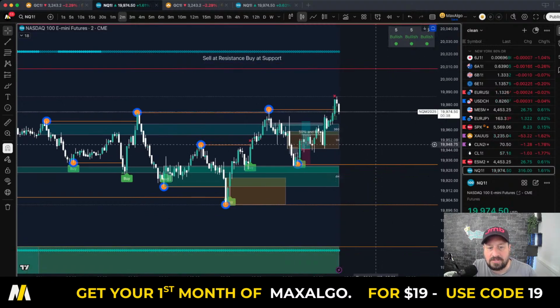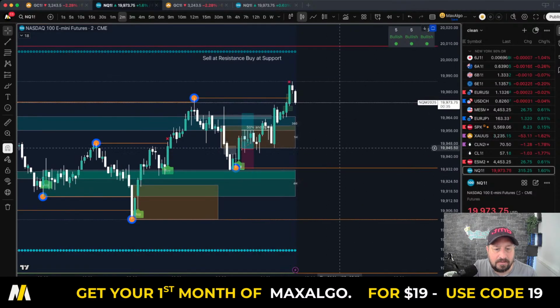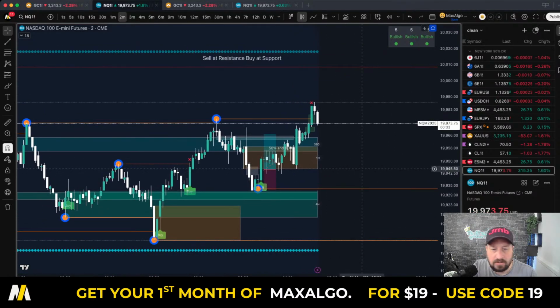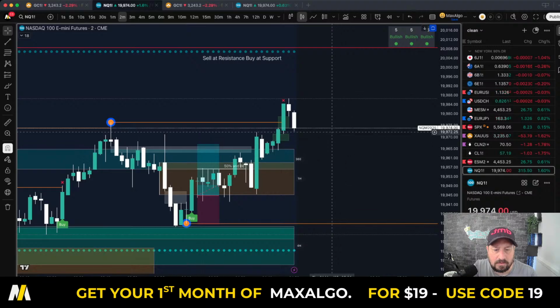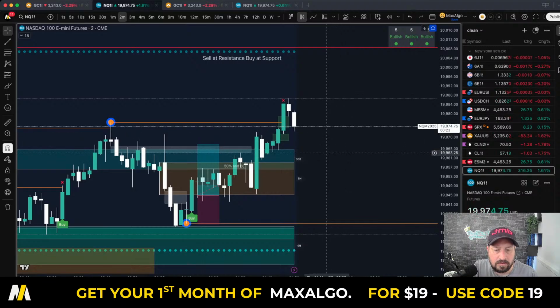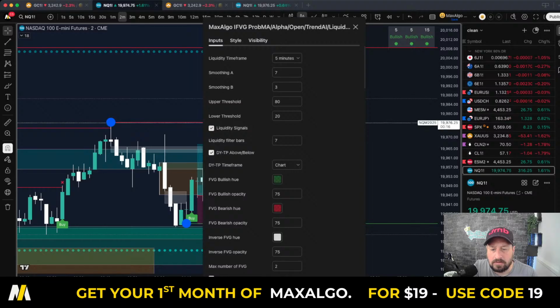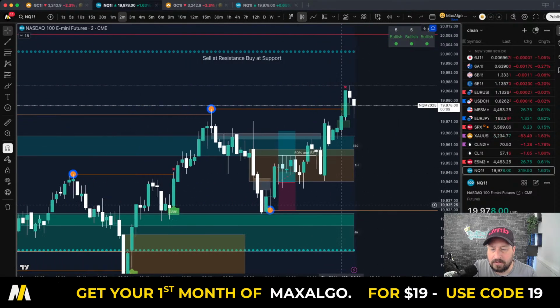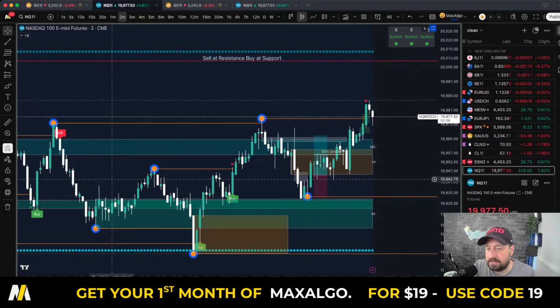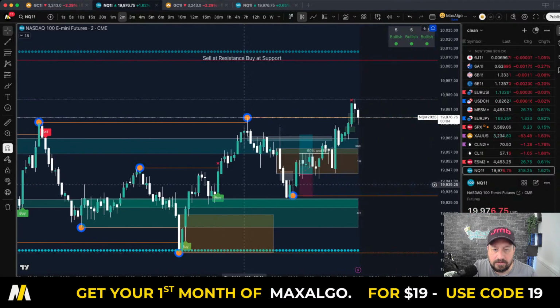Liquidity trades have been good today. So these have been the liquidity trades today. Very good.